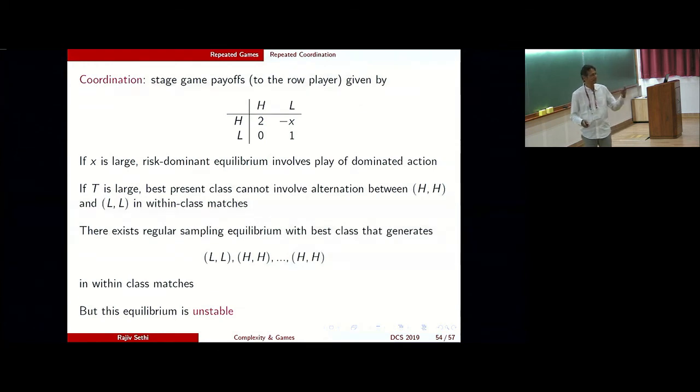Again, you get 26 strategies because it's a one-period history. You can represent that with 26 different unique strategies. But in this case, the stable sampling equilibrium looks very simple.